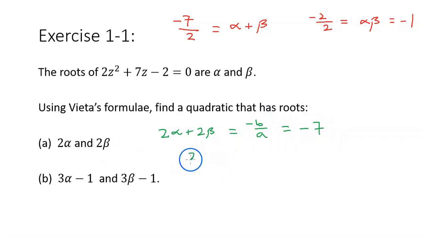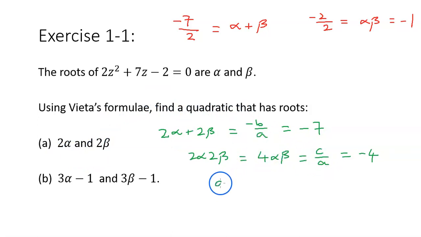And then 2 alpha times 2 beta is equal to 4 times alpha beta, which is equal to c divided by a, and that's equal to negative 4. Since we're looking for any quadratic that has roots 2 alpha and 2 beta, we can choose our value of a.